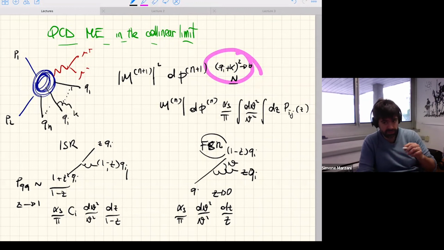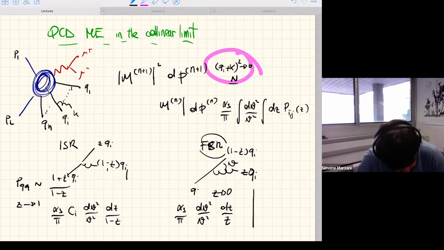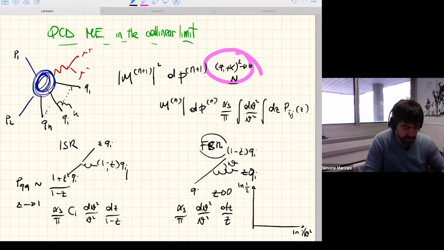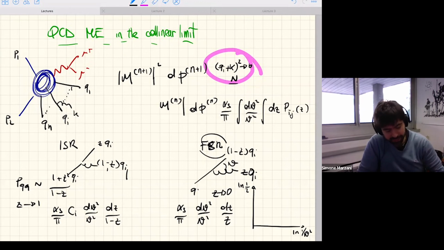If you plot this phase space as log of 1 over theta squared against log of 1 over z, the probability of a soft and collinear emission is uniform in this plane.